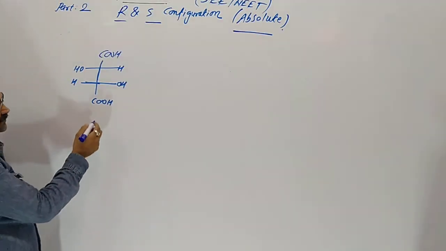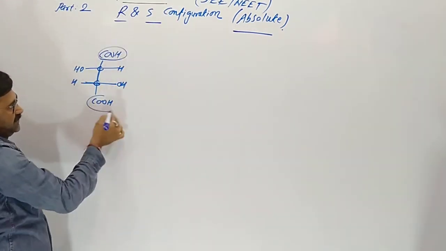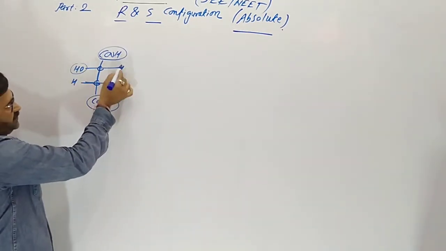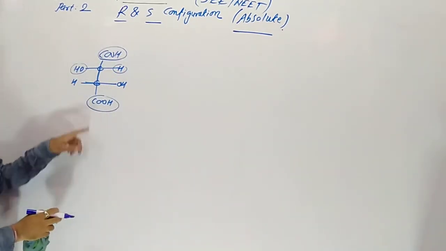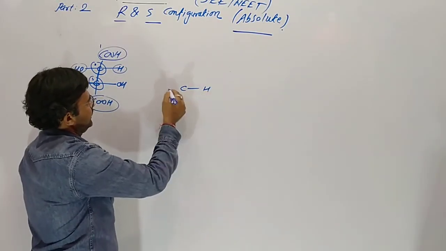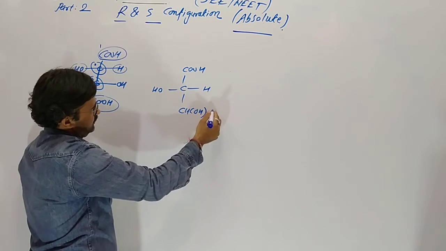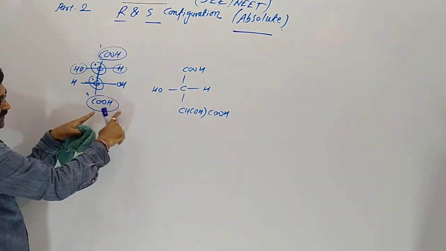First of all, we have to count the number of chiral carbons. Listen to this. COOH is not chiral. This one is not chiral. This is chiral: OH, H, COOH in this portion. And then this: H, OH, COOH and the whole part are different. So two chiral carbons, numbered 1, 2, 3, 4. So the second carbon and third carbon in the chain are chiral. First we have to decide about the second carbon: H, OH, COOH, then CHOH, COOH, the whole part.